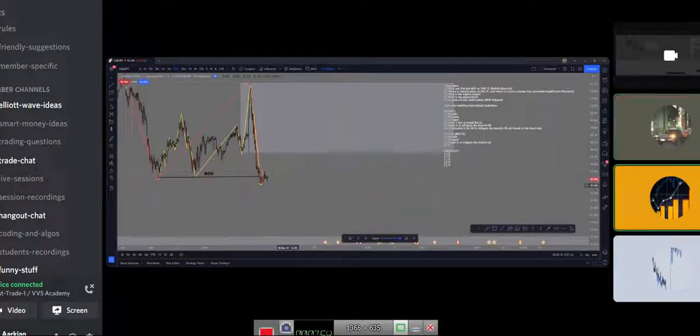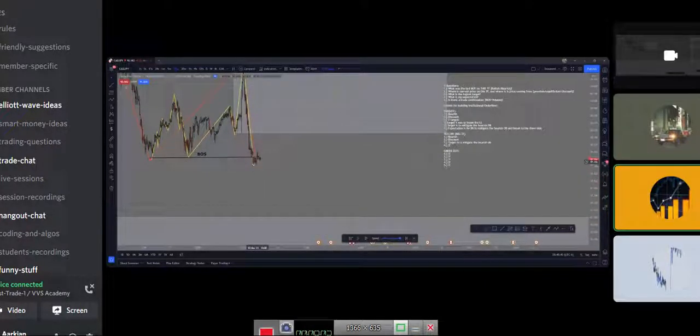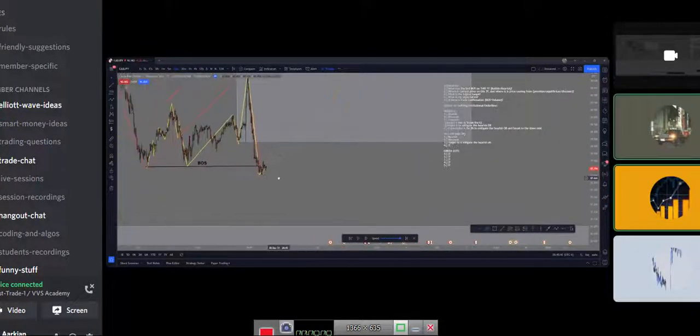I'm gonna work down to the 1 minute and see if I can see some kind of setup here before, because price could might, yeah. But I want to see my confirmation, which is Wyckoff, at a point of interest.